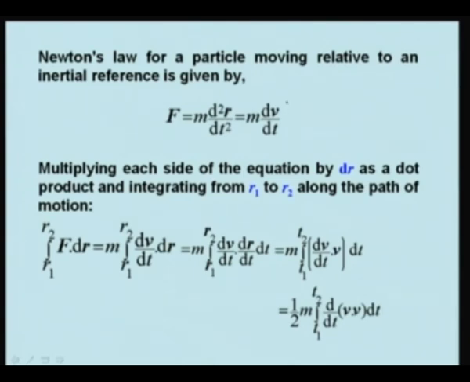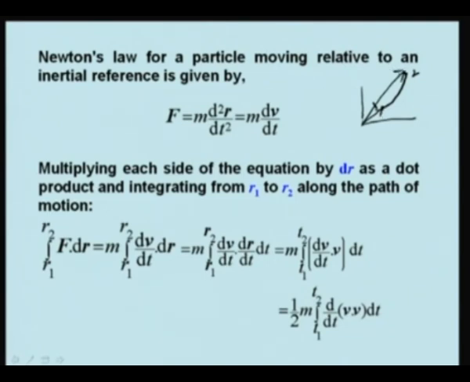If we multiply each side of the equation by a vector dr as a dot product and integrate from r1 to r2 along the path of motion, the particle may be moving from point 1 to point 2. So, its position vector of 1 is r1, position vector of 2 is r2.